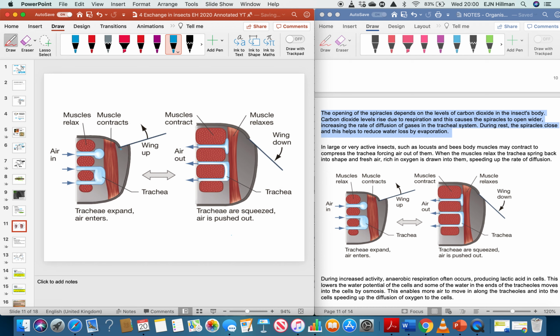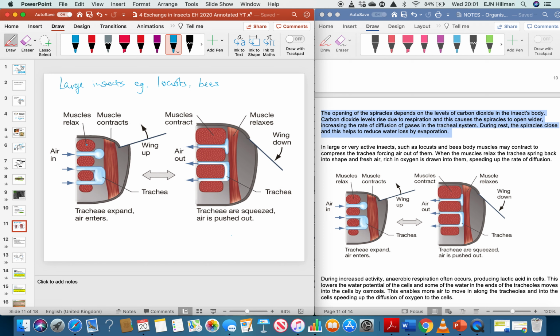So in very large insects, such as the locusts, or bees, for example, they have this method of ventilation where muscles are able to compress the tracheal system, which forces air out, and relax, which, as I mentioned before, allows air to move in. So let's have a look at that in a bit more detail.